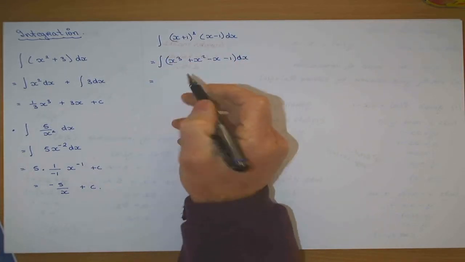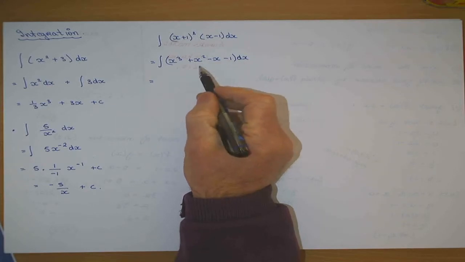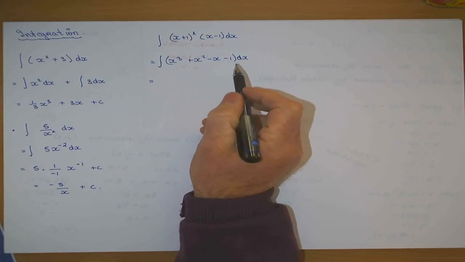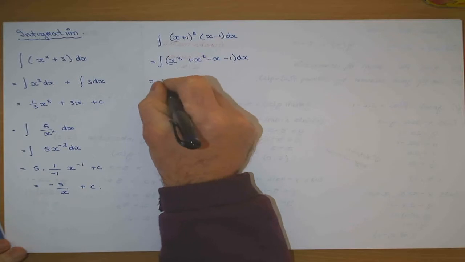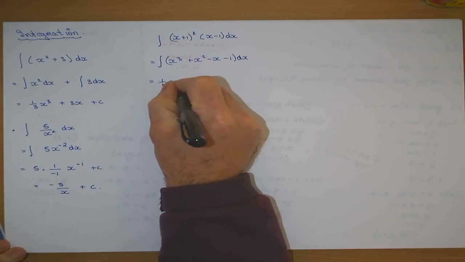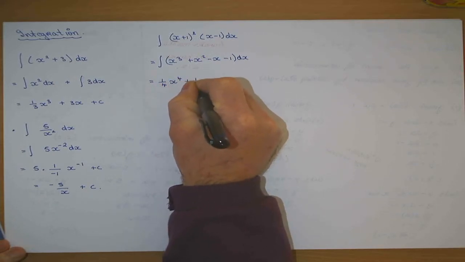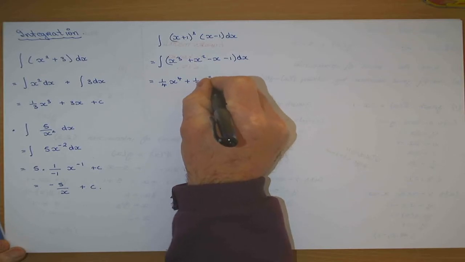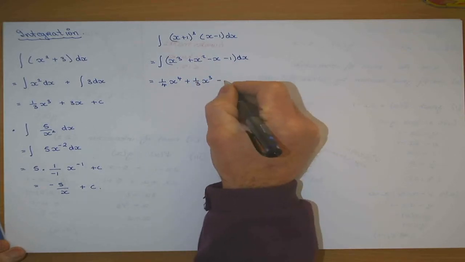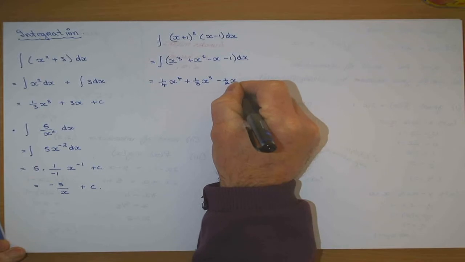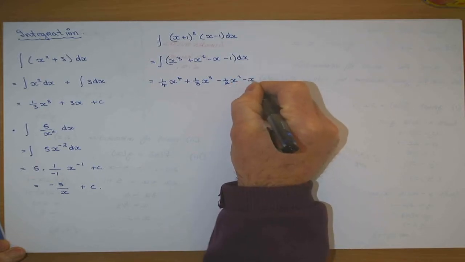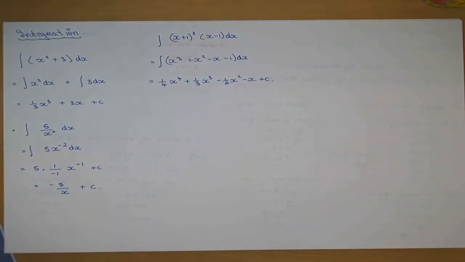That's the same as the integral of x cubed dx plus x squared dx minus x dx minus 1 dx. X cubed gives 1/4 x to the 4, plus x squared gives 1/3 x cubed, minus x gives 1/2 x squared, minus 1 gives minus x, plus c.